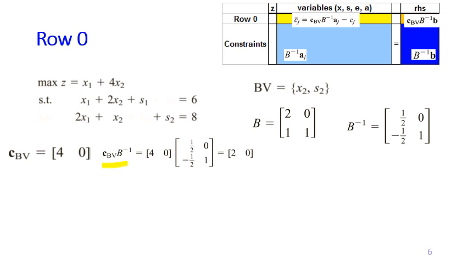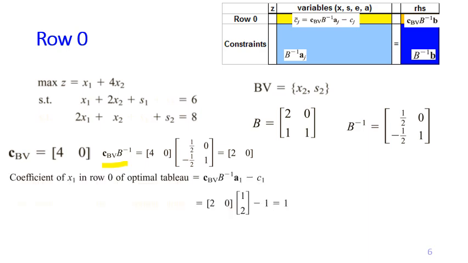Once we have CBV B inverse, let's calculate all the coefficients of the non-basic variables in row 0. The coefficient of x1 in row 0 may be computed by CBV B inverse a1 minus c1. Here a1 is the column of x1 in the original problem, 1 and 2, and c1 is the coefficient of x1 in the original problem, which is 1. So the result is 1.